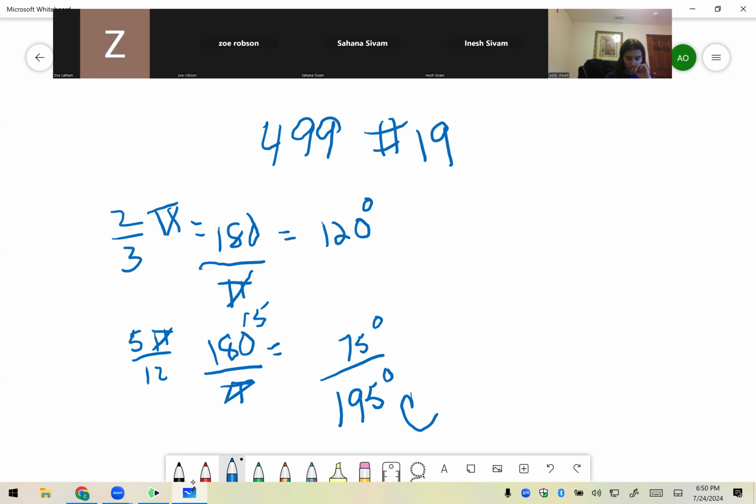And you can see this is in a harder section. Or we could just add them together, but we have to be careful, because we don't have the same denominator when we add these. So I have to multiply this times 4, so I get 8 pi.